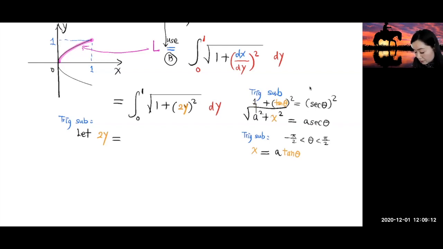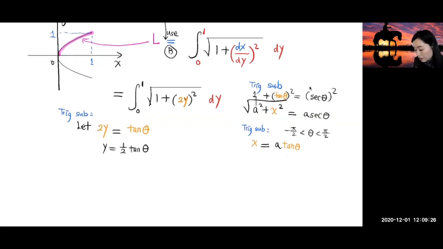Then y will be equal to 1/2 tangent theta. So what does dy equal? Dy will be equal to 1/2. The derivative of tangent is secant squared, so secant squared theta d theta. You're going to replace dy by this.